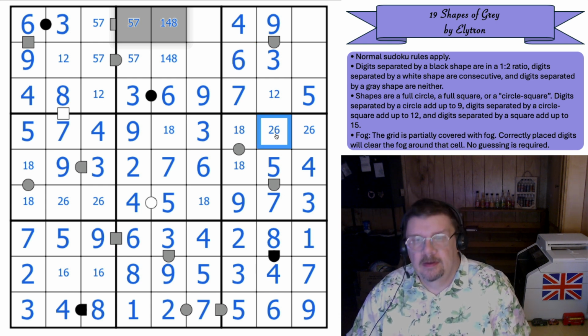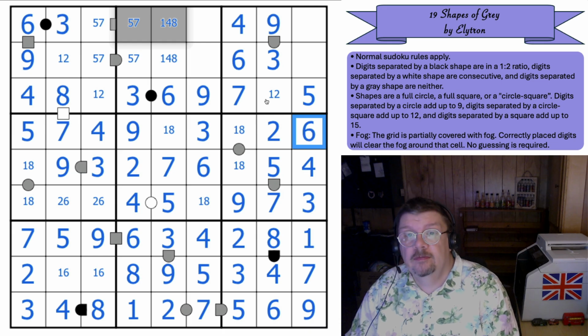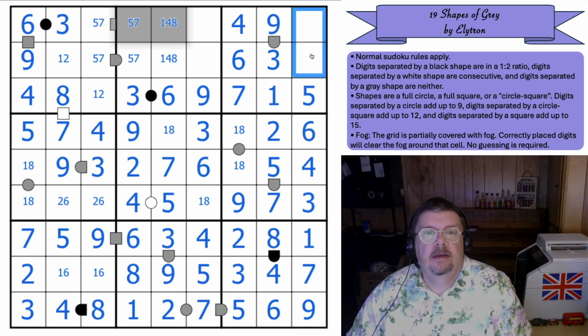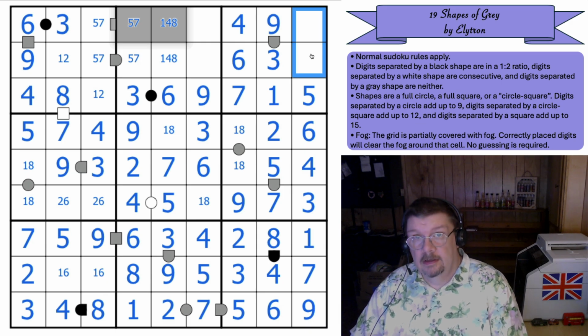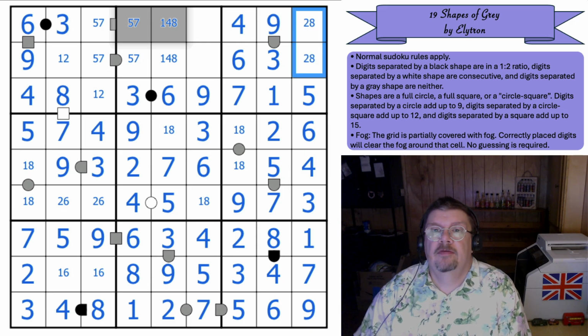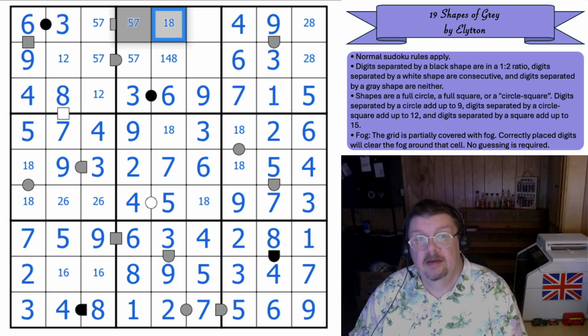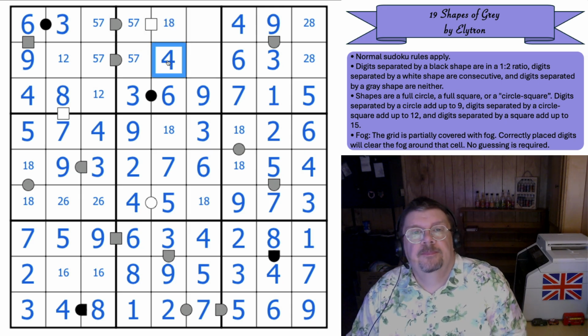This 6 makes this 2 and this 6, which makes this a 1. We need 2 and 8 up here. And curiously, that is as yet unresolved. Okay, this 4 means that that is not, and this is.